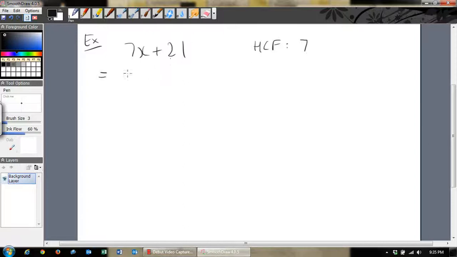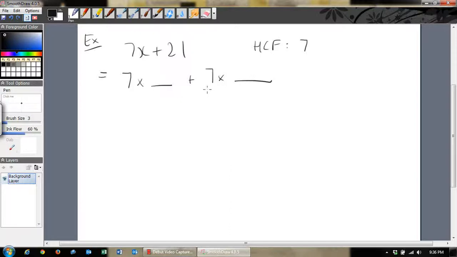So what we need to do is put 7 outside of our bracket. Okay. In fact, I'll take it even slower. What I'm going to do is write that as 7 times something plus 7 times something. And we just have to figure out what these two somethings are, and then we can move forward.